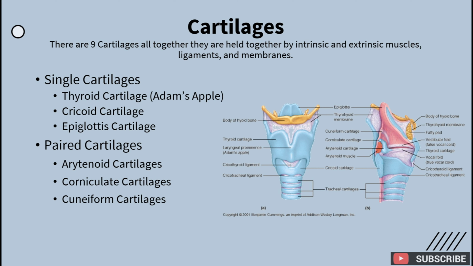I'm not exactly sure if I'm pronouncing these correctly, but as long as you know what they are and where they're located, and know how to spell them for your test, you're going to do just fine.